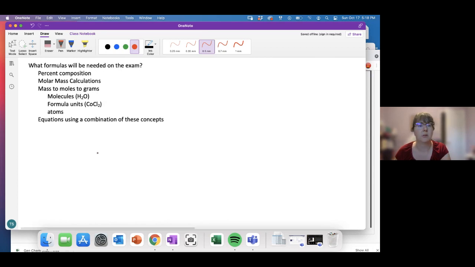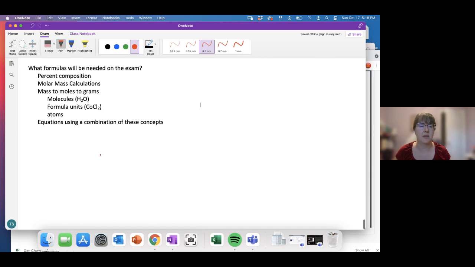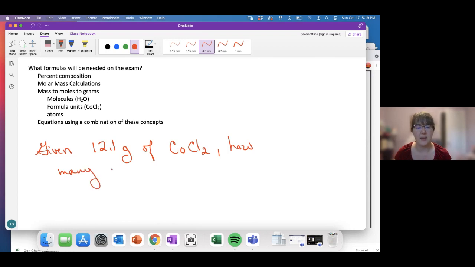So let's go ahead and ask something like, given 12.1 grams of cobalt 2 chloride, how many, and I'm going to use the word formula units.